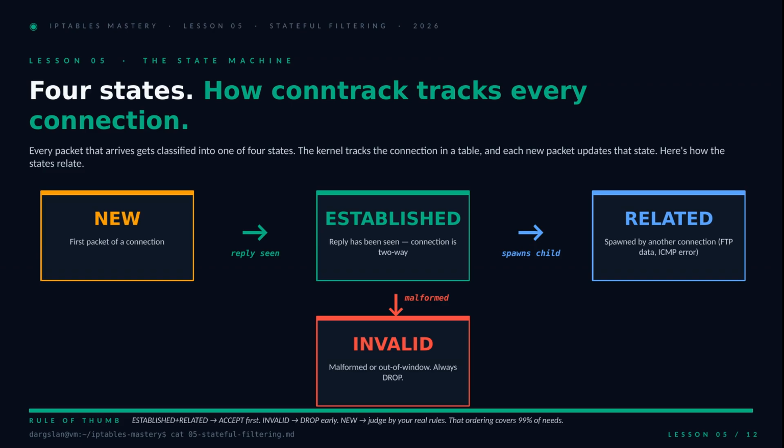It's a child connection spawned by an existing one, like an FTP data channel or an ICMP error. And invalid is exactly what it sounds like: malformed, out-of-window garbage you should drop without thinking. Accept established and related first, drop invalid early, and then judge new with your actual policy. That ordering handles 99% of real firewalls.